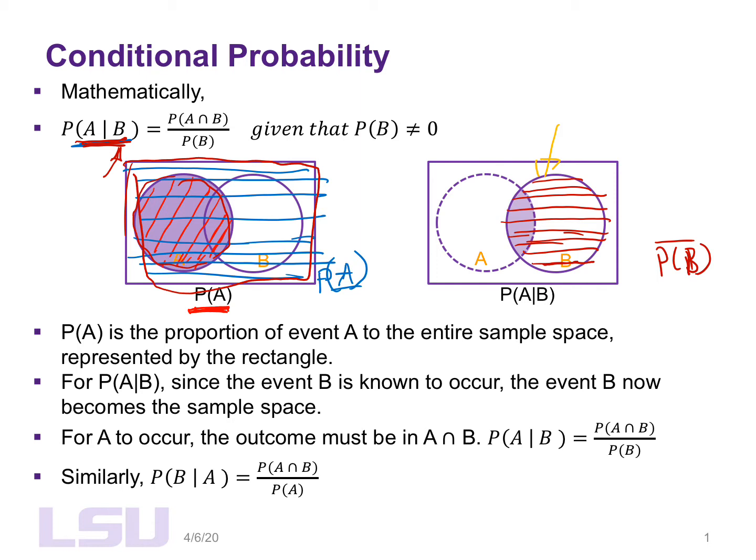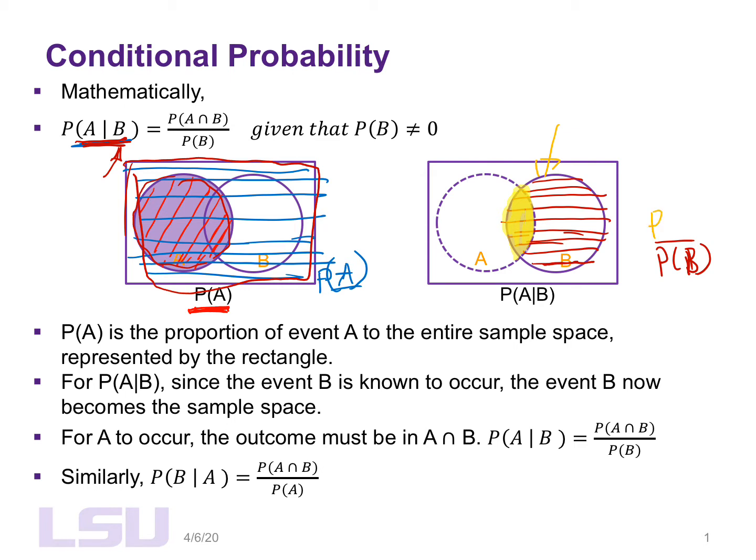Let's use highlight. Only this part. So of your A, this is what you're left with. So probability of A given B will be this shaded part, the part I just highlighted.